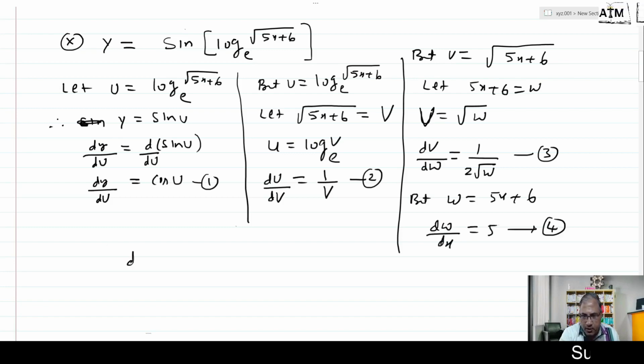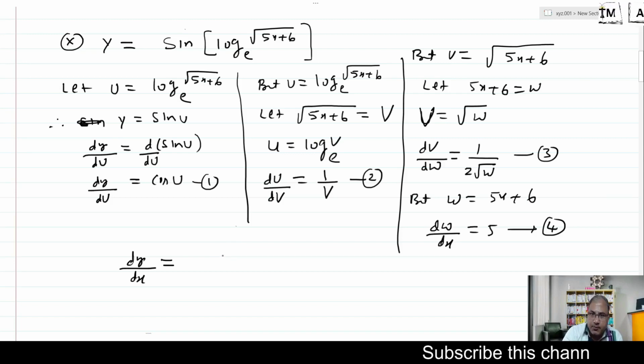Now we multiply all the results. Why? Because it is a composite function of u, v, w. First we differentiated with respect to u, then with respect to v, then with respect to w. At the end x automatically comes. If x comes, then think that you are on the right track.